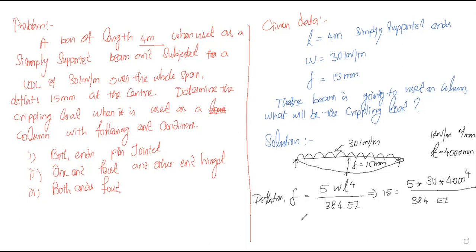From that, what is the value of EI that we are going to calculate? So 5 into 30 into 4000 power 4 divided by 384 by 15.